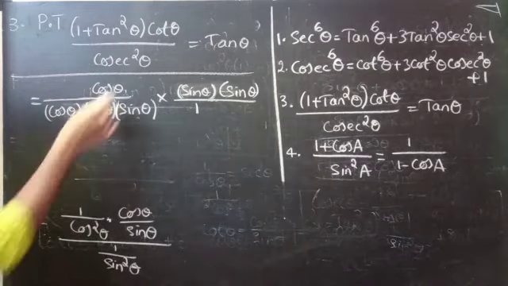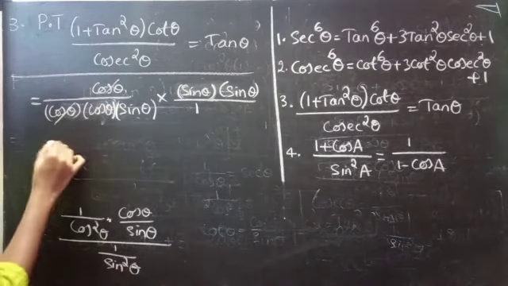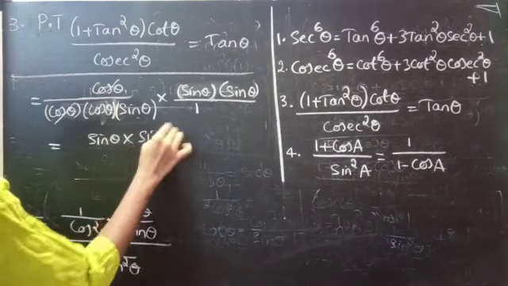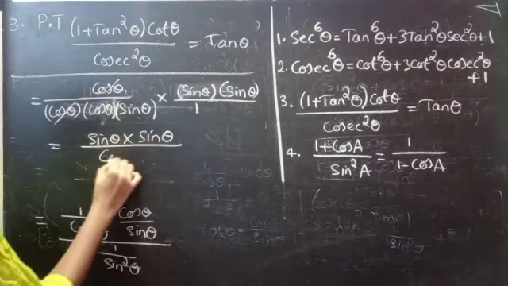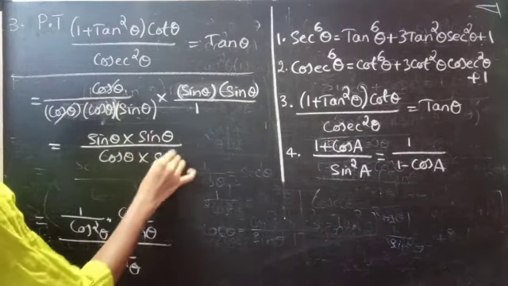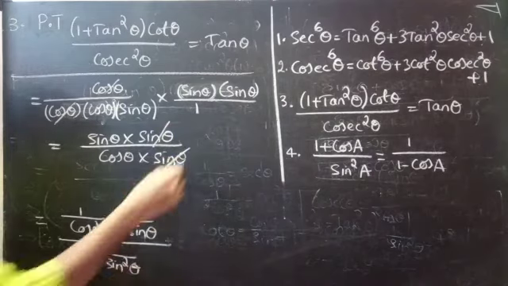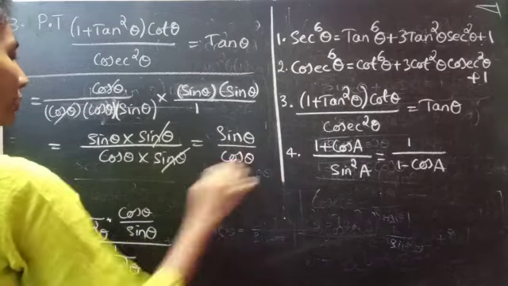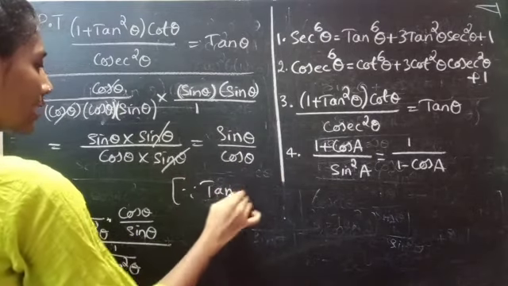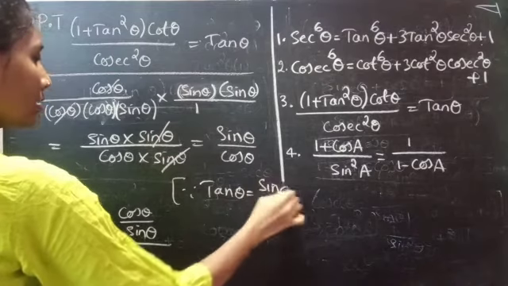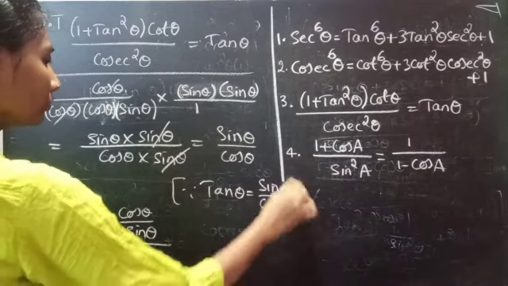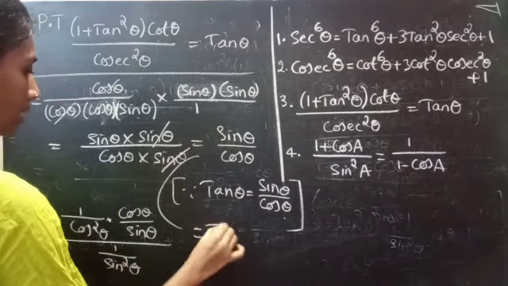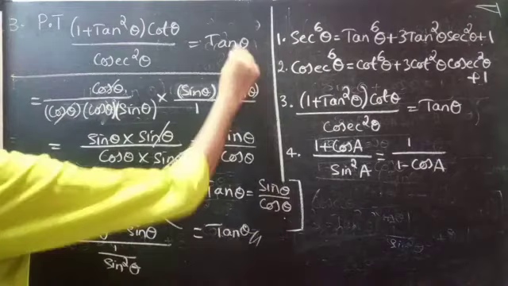Okay, so cos theta gets cancelled. So this equals sin theta into sin theta divided by cos theta into sin theta. Again, sin theta gets cancelled, so finally you'll get sin theta by cos theta, since tan theta equals sin theta by cos theta. So this equals tan theta, which is the RHS.